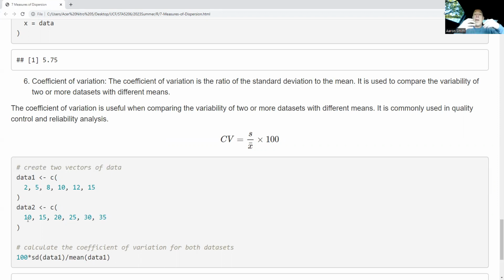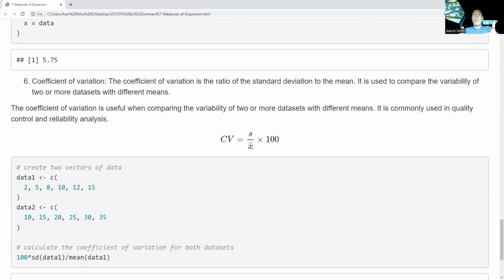And so how we counteract this is that I'm going to take my standard deviation like we talked about, divide by the mean, and then multiply by 100, and that's going to give me a comparison of dispersion where things along the number line are not being considered.